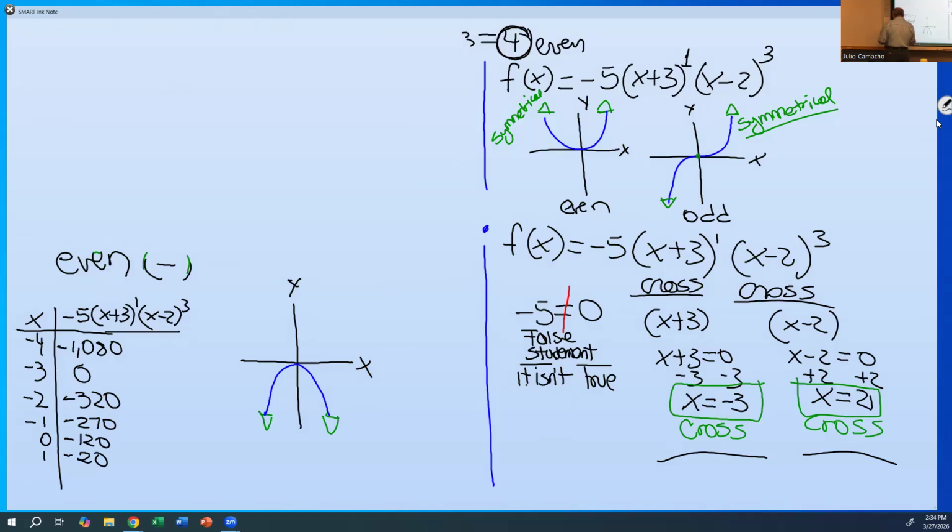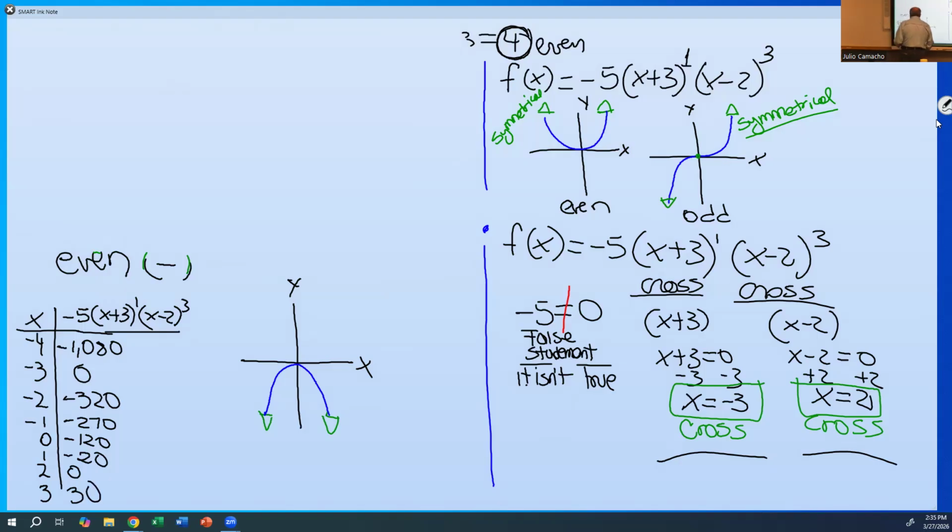And then when x is 2, y is 0, that is the second place where the graph is crossing the x-axis. When x is 3, y is 30.